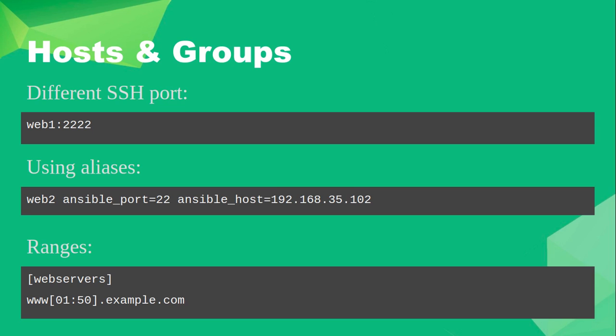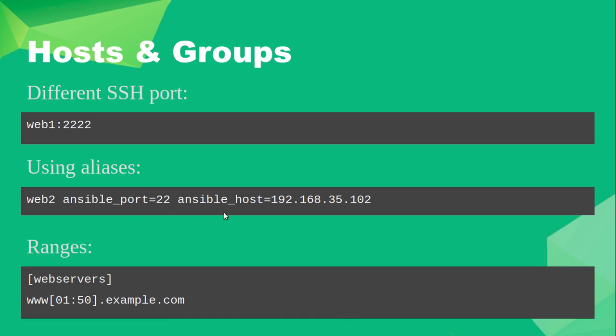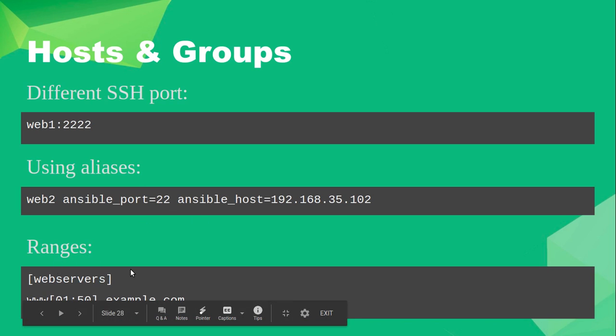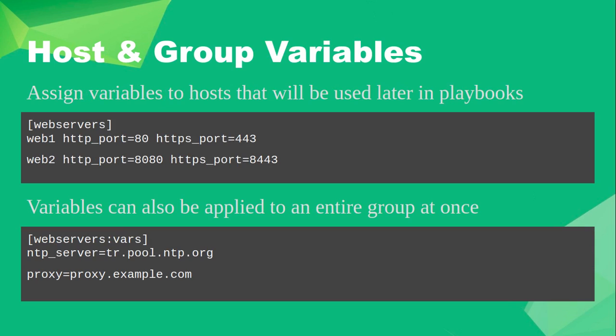I can assign web1 ansible_port=222. Ansible will first go through port 22 only, but it will go and modify this to some other port. Or you can give aliases as well, such as web2 ansible_port=22 ansible_host=this much. And if you want to give ranges inside this inventory, or configuration file as we call it, that is also perfectly feasible.